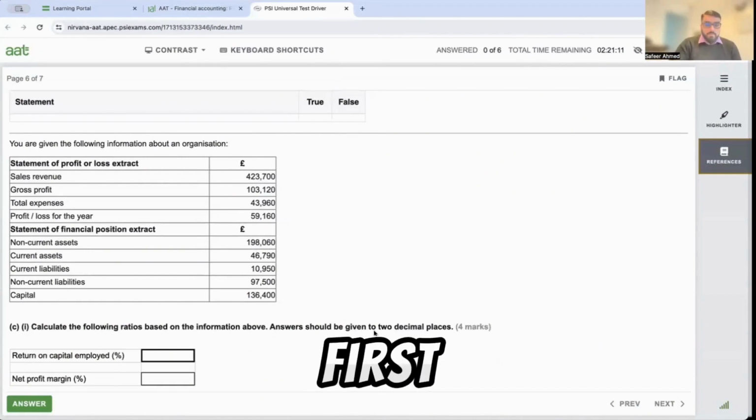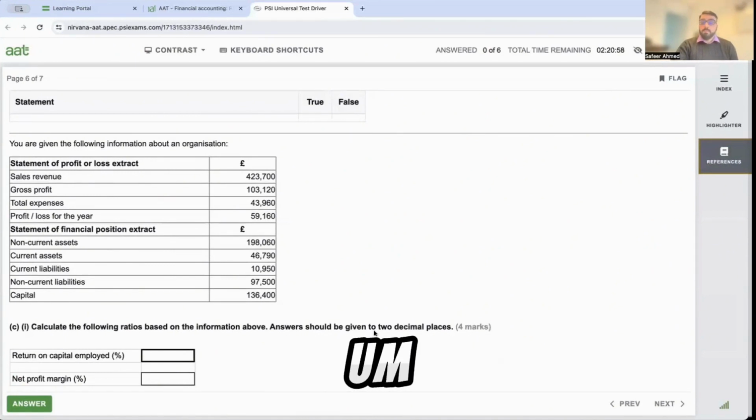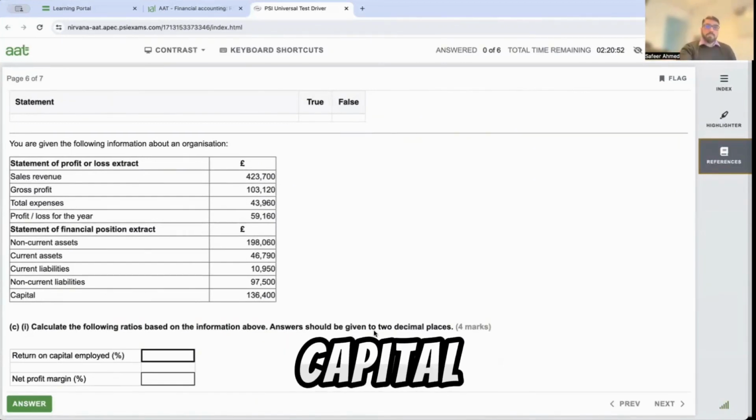Now, the first one is return on capital employed. You've got to remember the formulas for these. Return on capital employed is profit before interest and tax, in other words operating profit, divided by capital employed, and capital employed is the non-current liabilities plus the capital.